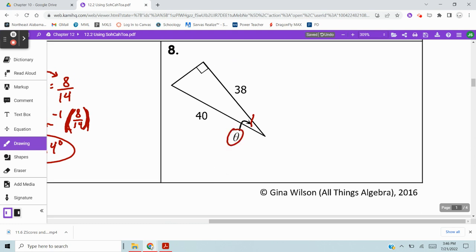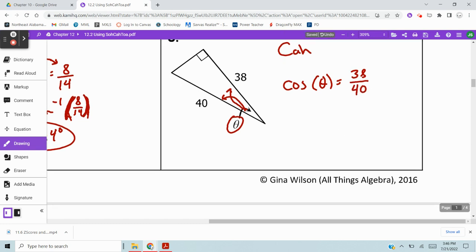Next problem, same thing. Here's my angle. We have an adjacent side and a hypotenuse. Adjacent and hypotenuse would be a cosine problem. The cosine of my angle is equal to adjacent over hypotenuse. To solve that, again, we're going to move the cosine over. Once we move cosine to the other side, it becomes the inverse cosine.